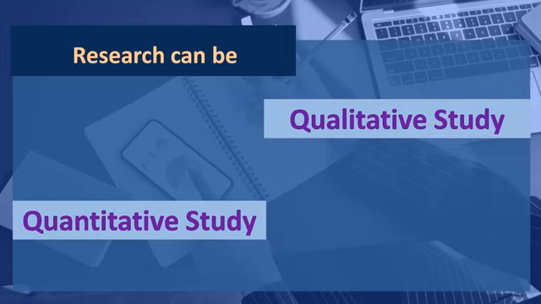We usually divide research into two segments. One is qualitative study, one is quantitative. A qualitative study is confined to a small area, goes deeper into that context, and we try to interpret the scenario and understand the particular phenomenon in much more detail.